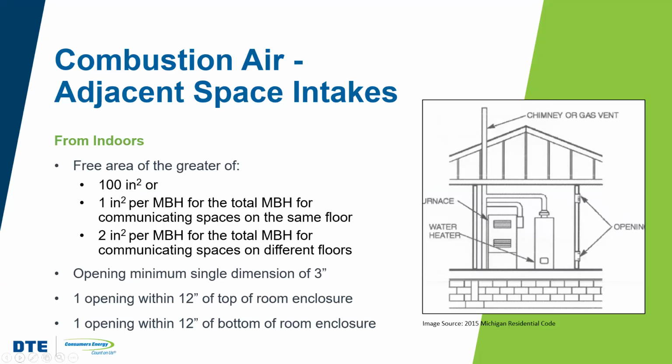And we've got to have at least two openings, one within 12 inches of the top of the room and one within 12 inches of the bottom of the room, right? And then the size of those openings, right? Because this is just free air flowing between two rooms. It's either going to be the greater of either 100 square inches or 1 inch per every MBH for spaces that are communicating on the same floor, right? Or 2 inches. So you're going to have a bigger opening if you've got equipment on different floors.